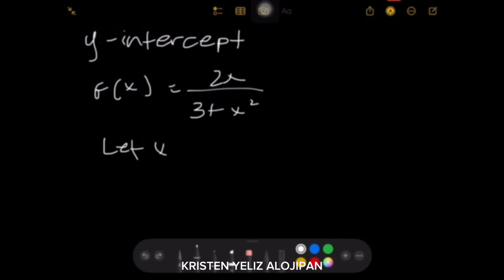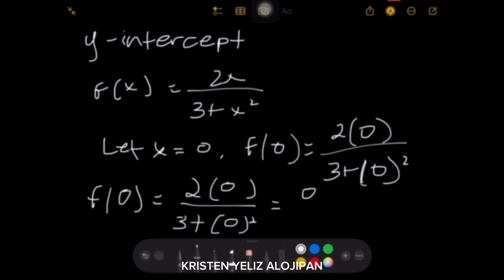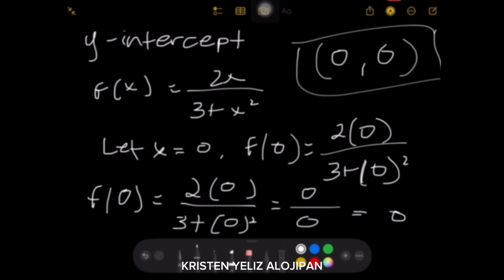So all the x's in the function would be substituted with 0. So f of 0 equals 2 times 0 over 3 plus 0 squared, which is 0 over 3, equals 0. So the y-intercept is also 0, 0. So that's that.